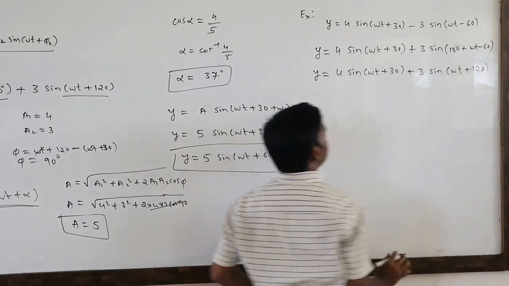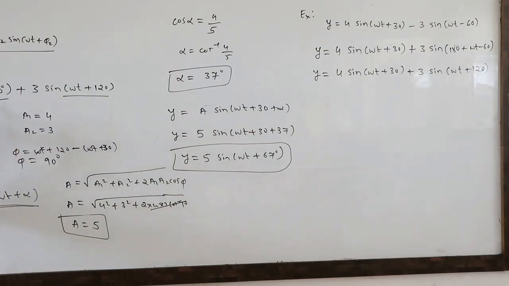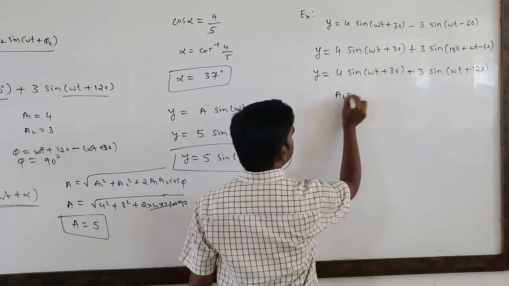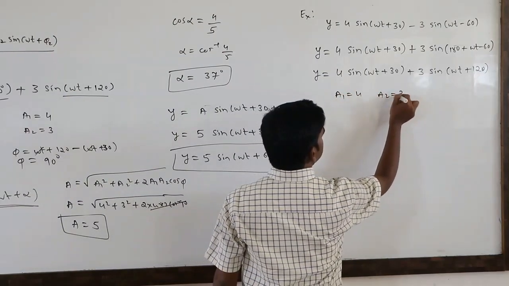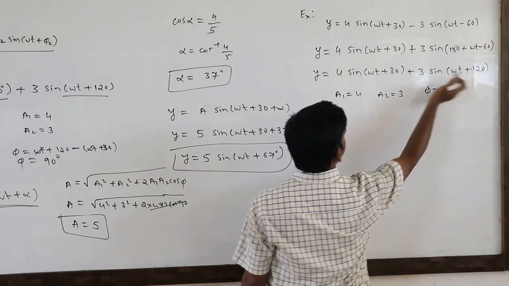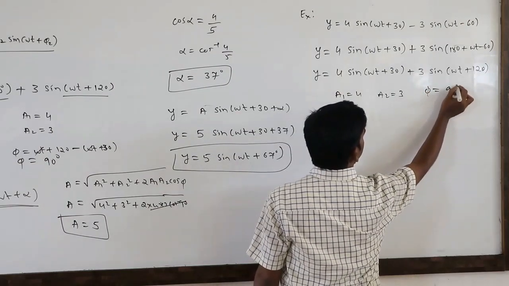Again we get the same equation, omega t plus 30 and omega t plus 120. So A1 is again 4 and A2 is 3. The phase angle between them is 120 minus 30, which is 90 degrees.